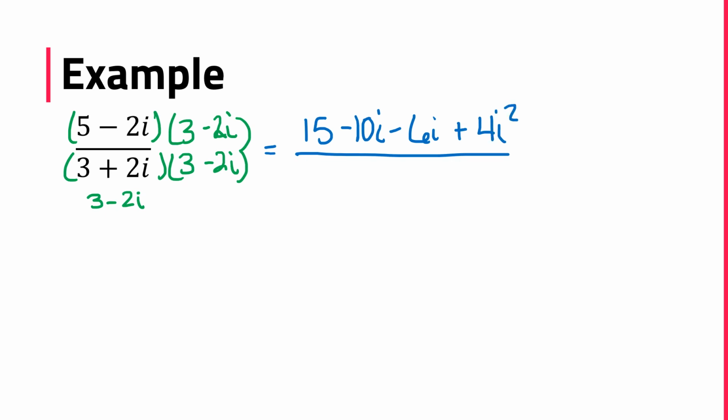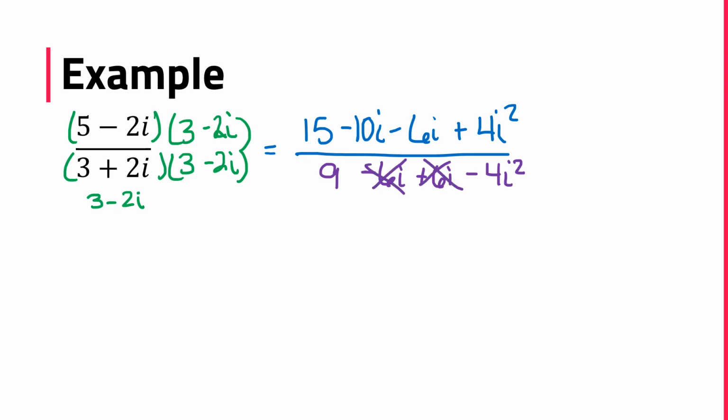Let's take care of the denominator. First, 9. Outer, negative 6i. Inner, positive 6i. Last, negative 4i squared. All right, let's work on simplifying. Look at that denominator. Positive 6i, negative 6i goes away.